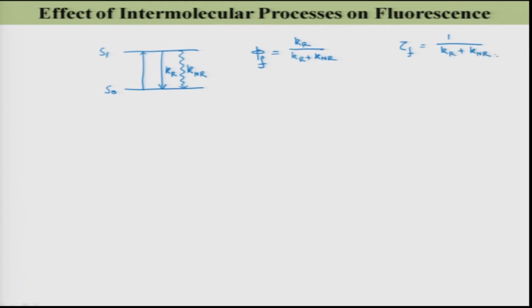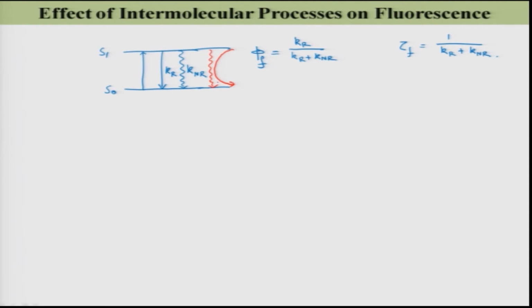Now, what I am telling you is that, as you have seen, on addition of this quencher Q the fluorescence intensity is decreasing, and that decrease depends on the concentration of the quencher molecule. So there must be another pathway of deactivation, and this is a type of non-radiative deactivation, because in this case there is no emission.